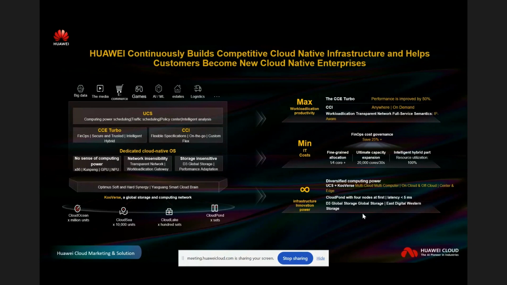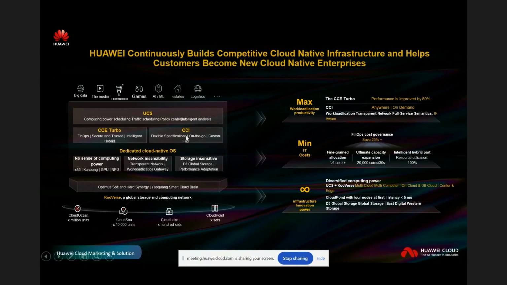So we have several products that are compliant with Kubernetes, but have a very high maturity level. Okay, and I can tell you here that we are providing the cover at the infrastructure level, that is a global storage and computing network. And on top of that, we are providing our CCE Turbo, that is our Kubernetes offering.